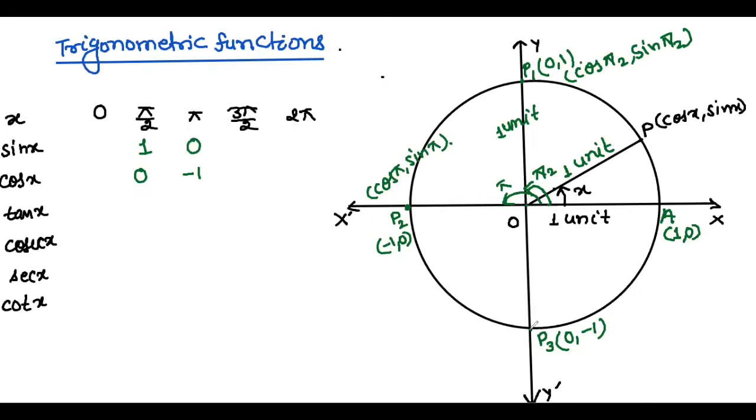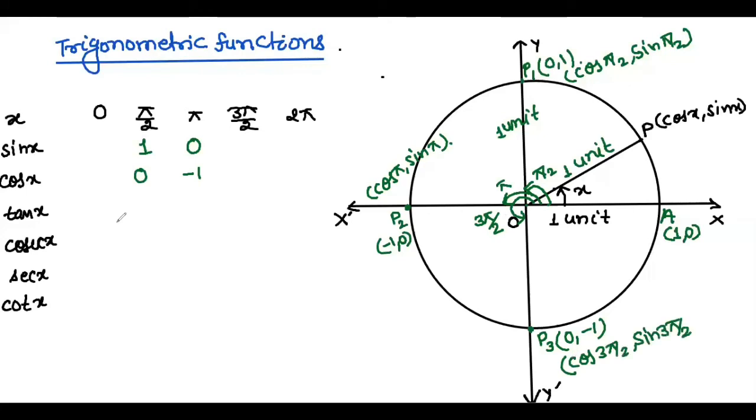Now at point P3, the angle is 3 pi by 2. So we can write the P3 coordinates as cos x and sin x, so it is cos of 3 pi by 2, sine of 3 pi by 2.